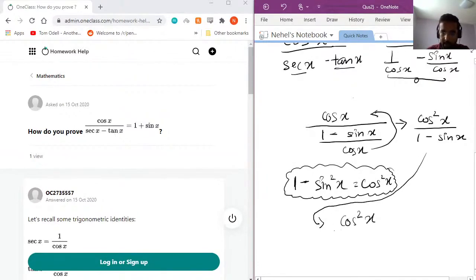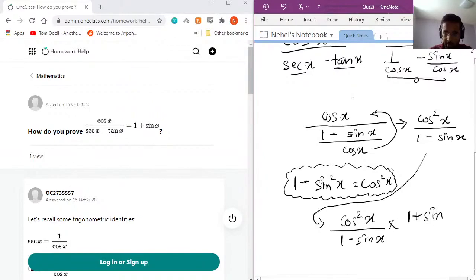So the way I would get to that is, if I look at the denominator, I have 1 minus sine x. But if I need to get it to 1 minus sine squared x, I need to multiply the numerator and denominator by 1 plus sine x. So we can do that.